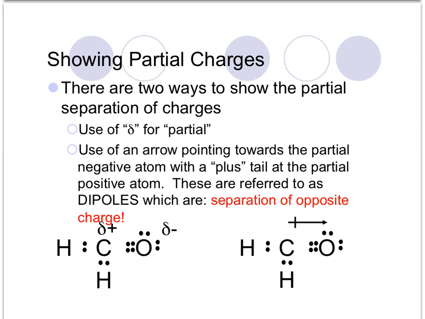Because of that uneven attraction, oxygen is going to take the electrons, and that gives it a partial negative charge, whereas the carbon is partially losing those electrons, and so it takes on a partial positive charge. One of the ways that we can demonstrate this separation of opposite charge is by drawing an arrow towards the more electronegative atom. That arrow represents a dipole. A dipole is simply a separation of opposite charge.